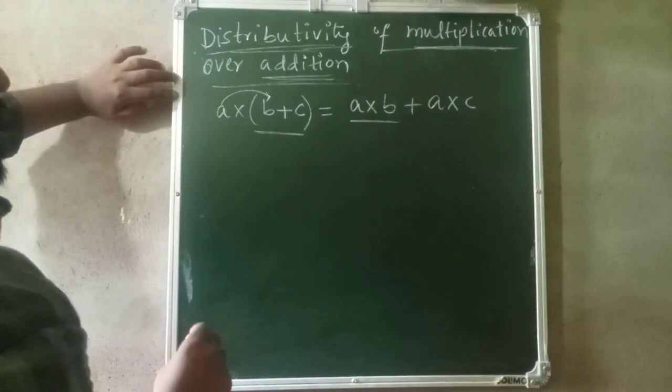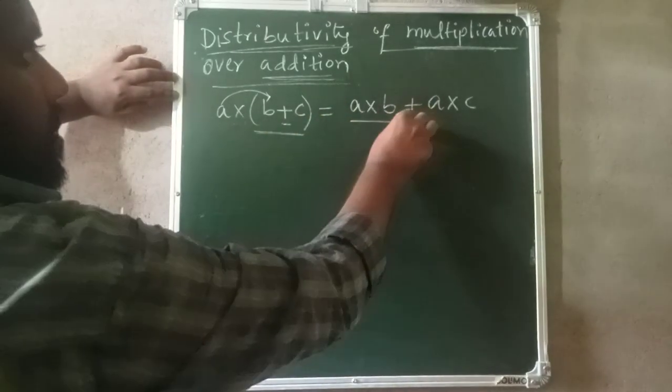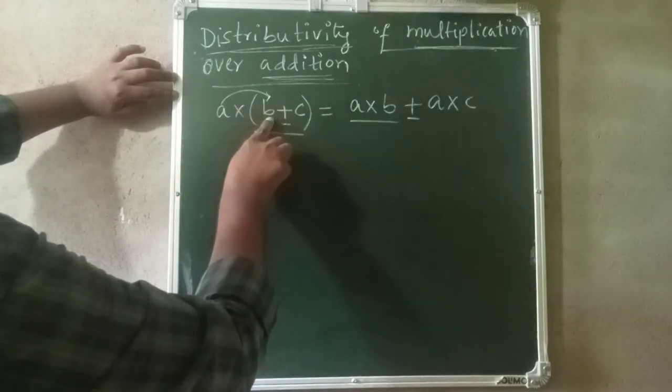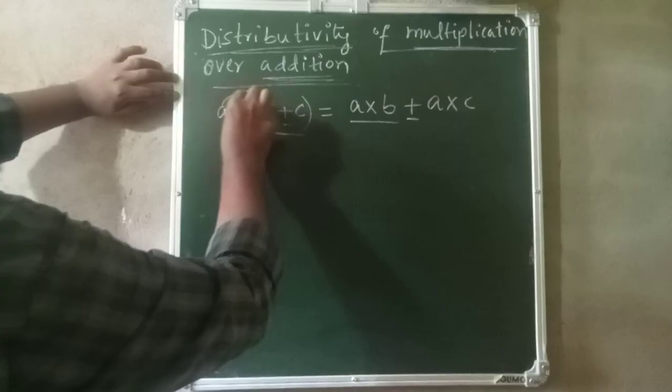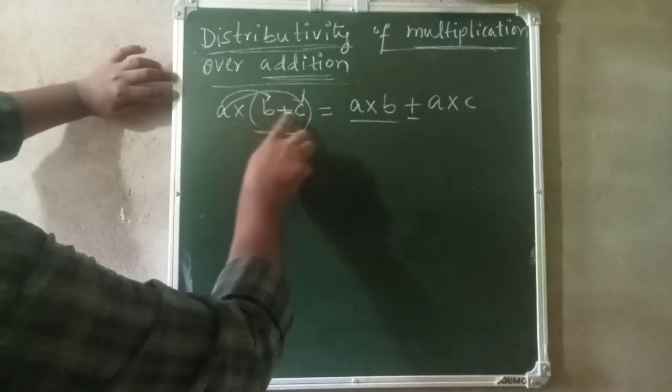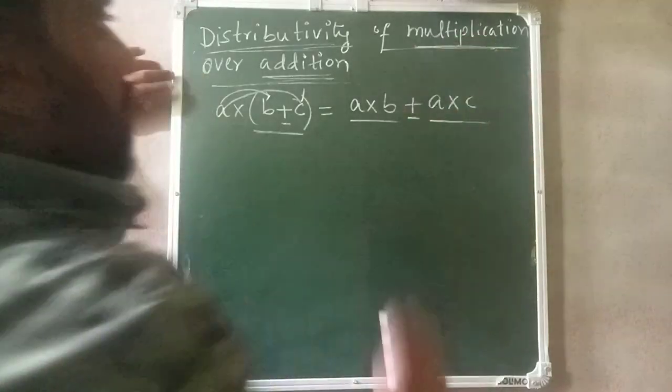After that, next this plus I will write here. Now A distributed with B, that is done. Next another C is there, so A into C. Okay.